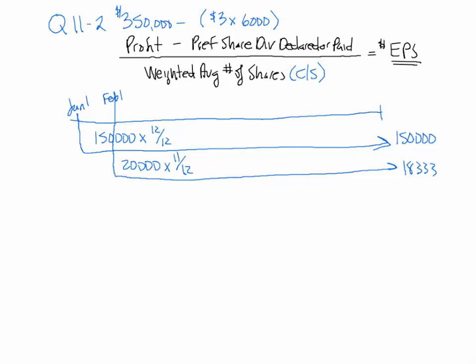Okay, so then they sold 12,000 common shares on August 1st. How long were these 12,000 shares contributing to the ability of the company to generate profit?